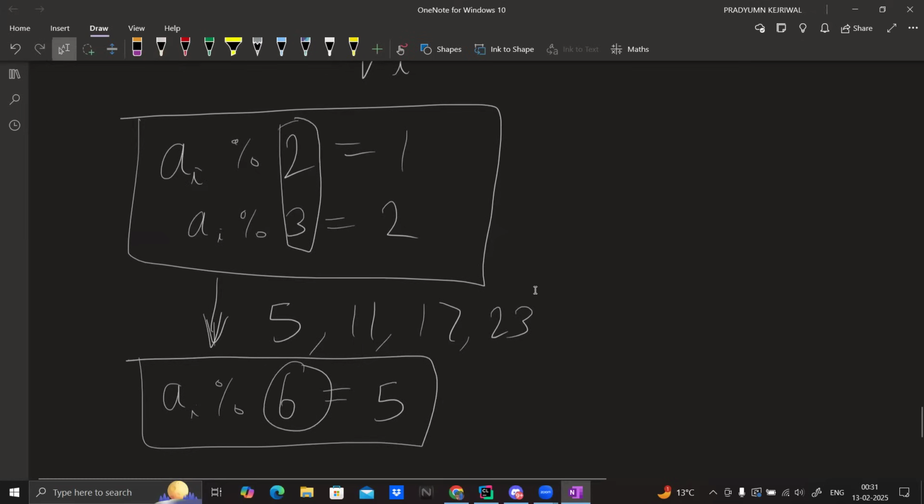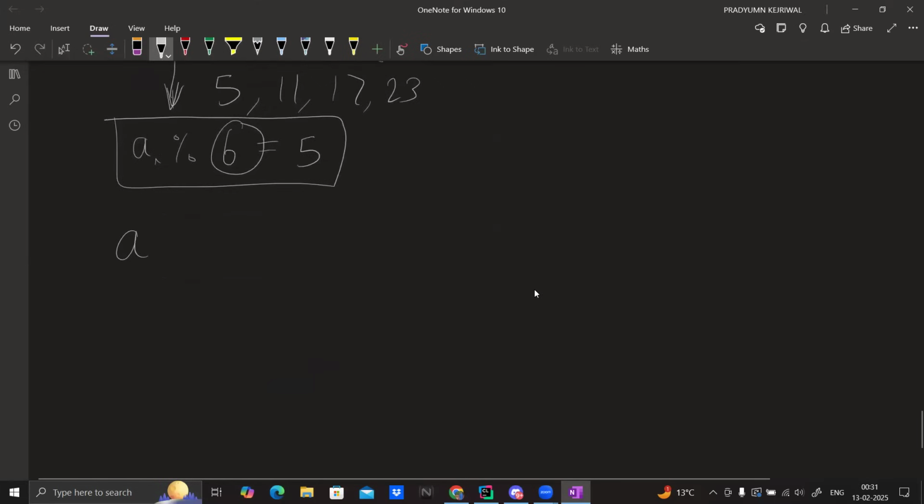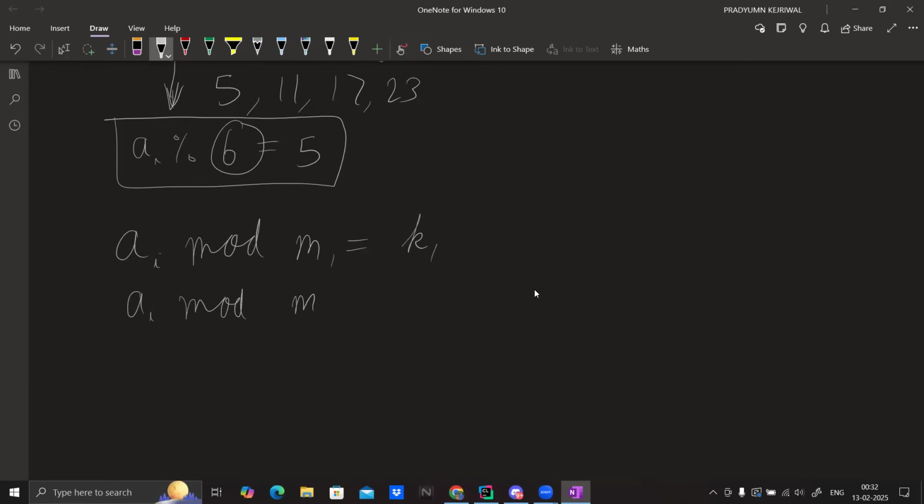In general, if we have some congruences, suppose AI mod M1 is equal to K1, AI mod M2 is equal to K2, and up to AI mod ML is equal to KL.